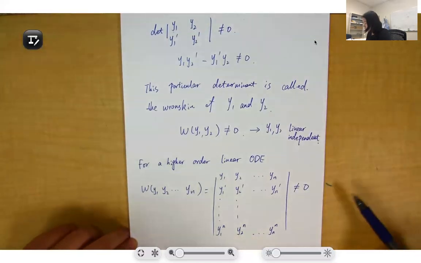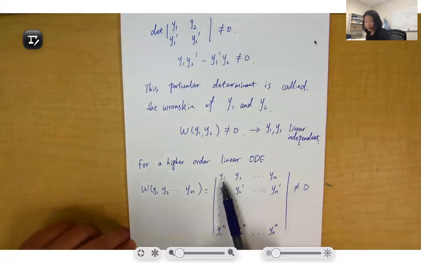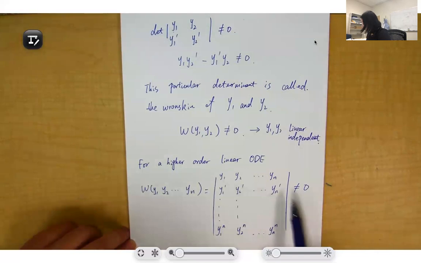Then we can say for an nth order linear ODE, our homogeneous solutions y1, y2 until yn are linearly independent. Okay.